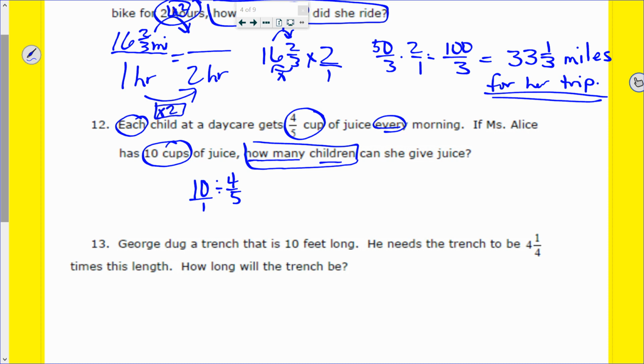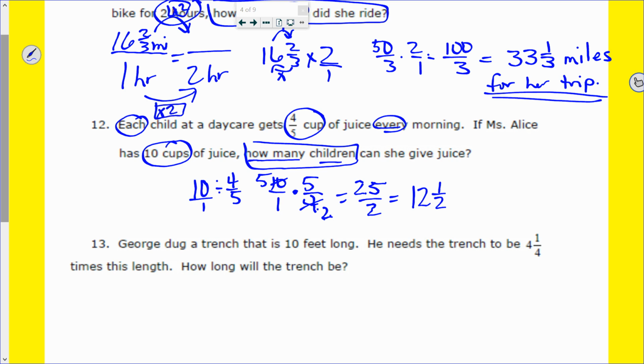Division, whole numbers go over 1. Then we do our keep, change, flip, because we're going to multiply by the inverse. We do have one reduction. I can take a 2 out of those numbers. Now we have 5 times 5 is 25. 1 times 2 is 2. Further simplifying, that's going to go 12 1/2 times.